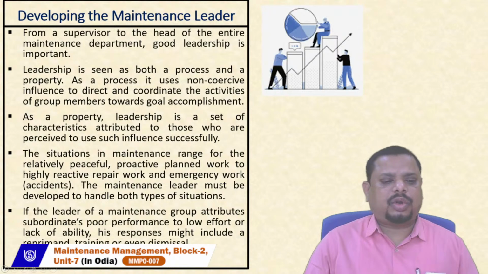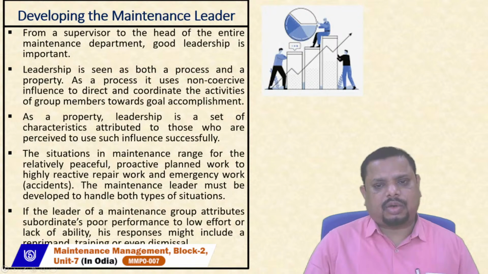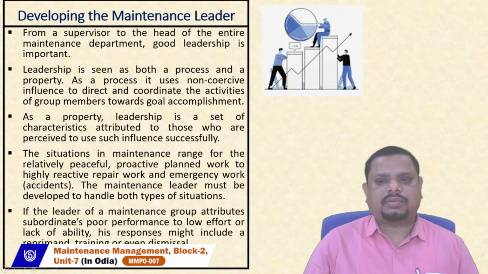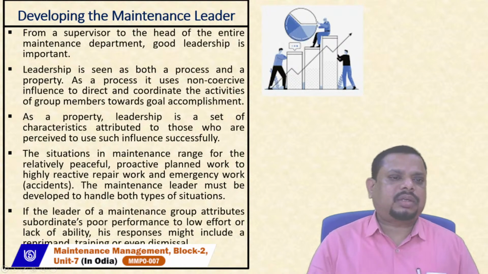So due to poor leadership, the maintenance personnel may be dismissed from the organization or department, and to develop the skill, you have to go for a large amount of training under the leadership. So these are the basic concepts under the development of maintenance leaders.